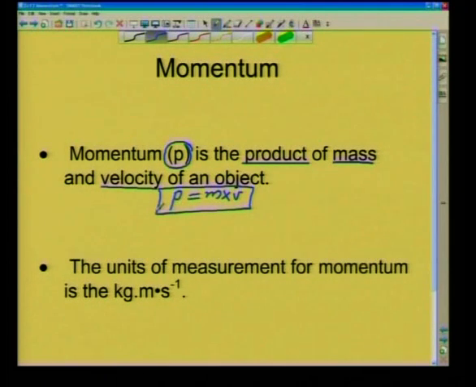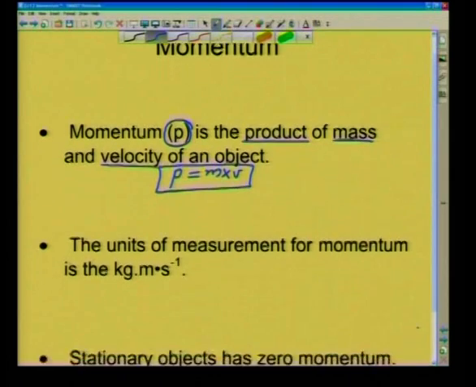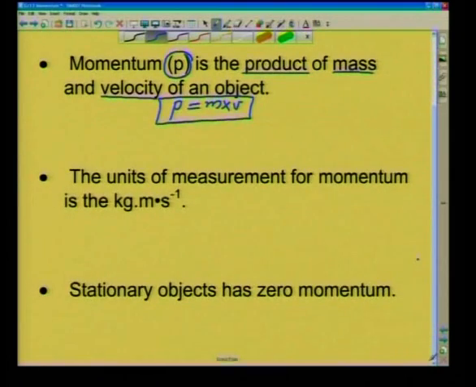Now, from the mathematical definition, there's something that we can tell about the units of measurement. Here we are told the unit of measurement for momentum is the kilogram meters per second. Kilogram meters per second, where does it come from?